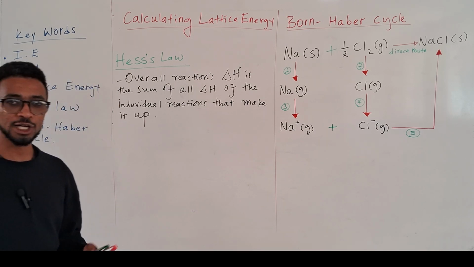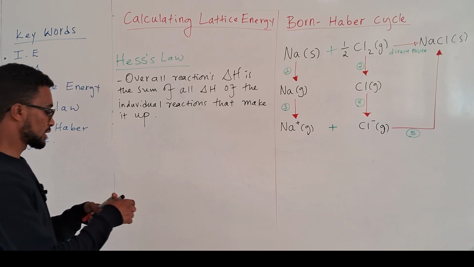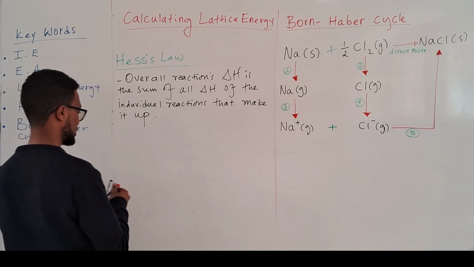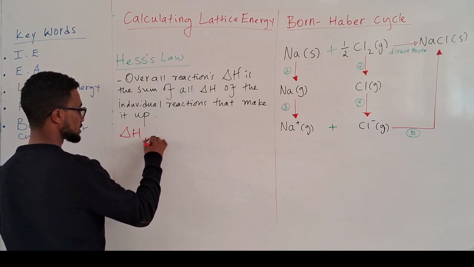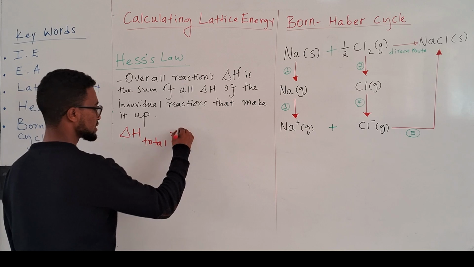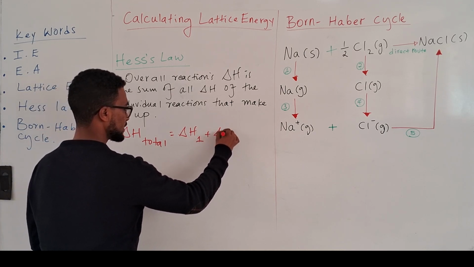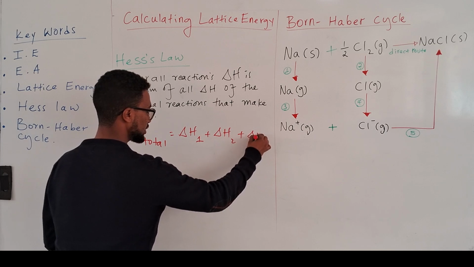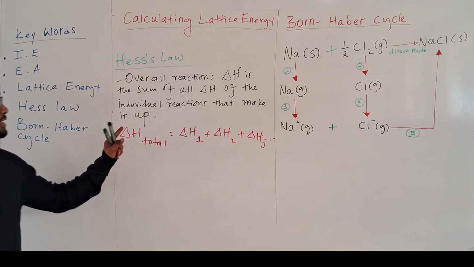If we have a reaction that can be done in 2, 3, or 4 steps, the overall enthalpy change, or total enthalpy change, is the same as the sum of the enthalpy change in the first reaction, the second reaction, the third reaction, and so on. This is Hess's law.